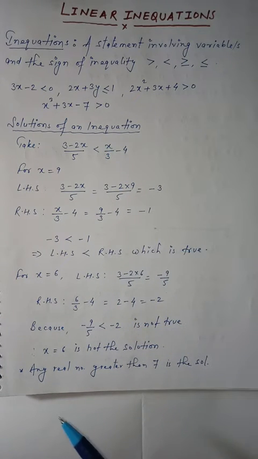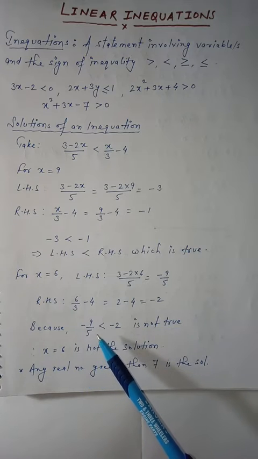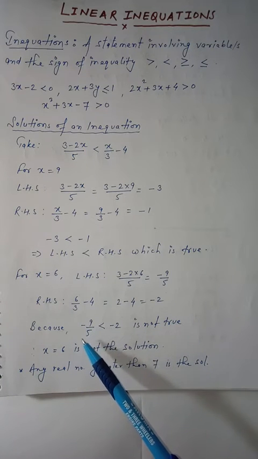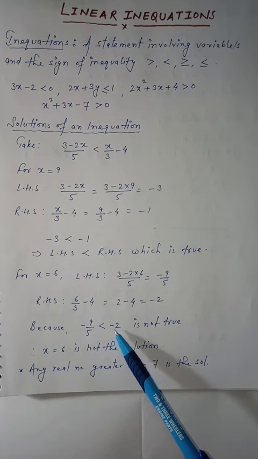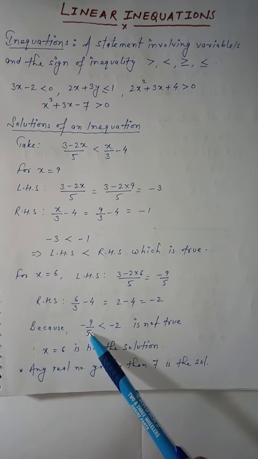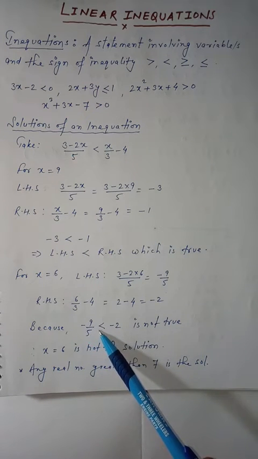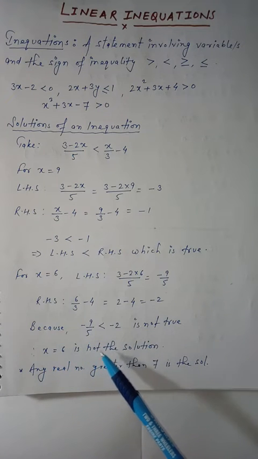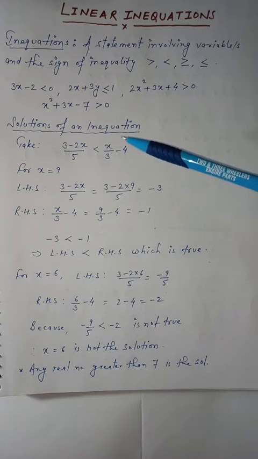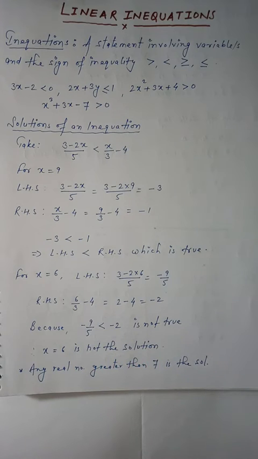But here it is not true, because minus 9 by 5 means minus 1 point something, and this is not less than minus 2, because minus 2 is less than this value. It means this inequality is not true, so x equal to 6 is not a solution of the given inequation.